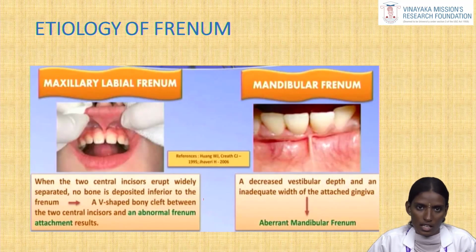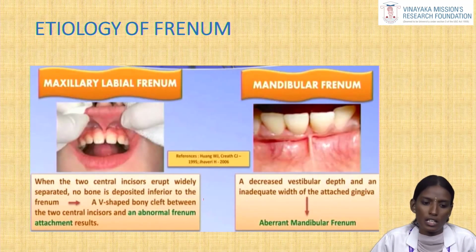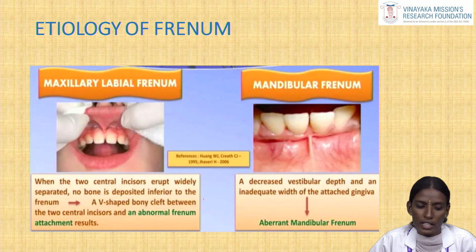What is the etiology of frenum? Frenum is a natural connective tissue which attaches to the upper lip and the lower portion of the tongue. What is the maxillary labial frenum? When the two incisors erupt widely separated, no bone is deposited inferior to the frenum. A V-shaped bony cleft between the two central incisors and an abnormal frenal attachment results.